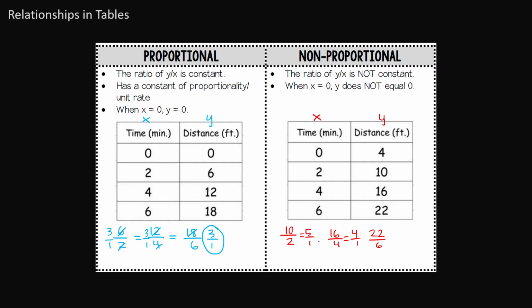So automatically I know these ratios are not the same. And then 22 over 6, if I divide the top and the bottom by a common factor of 2, I'm going to get 11 over 3. So these ratios here, 5 over 1, 4 over 1, and 11 over 3, they're not the same. So this is a non-proportional table.